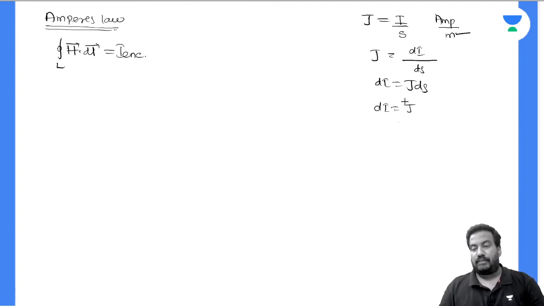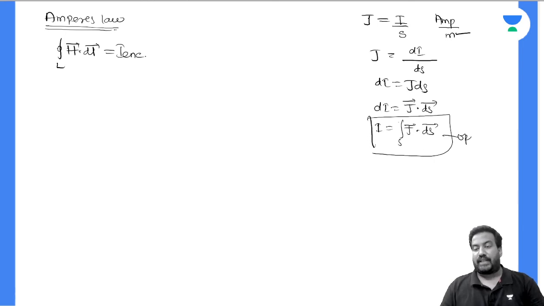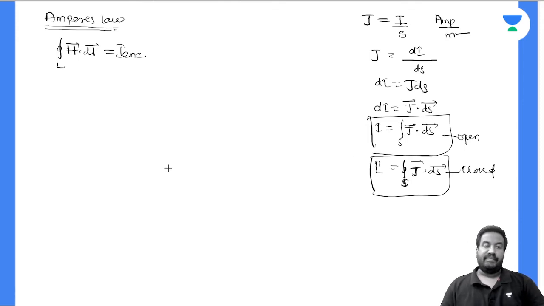In vector form, di is equal to J dot ds. From this I is equal to surface integral of J dot ds. This is when you are operating on open surface. When you operate on closed surface, closed surface integral of J dot ds is I. Now tell me dear, shall I take open surface or closed surface here?